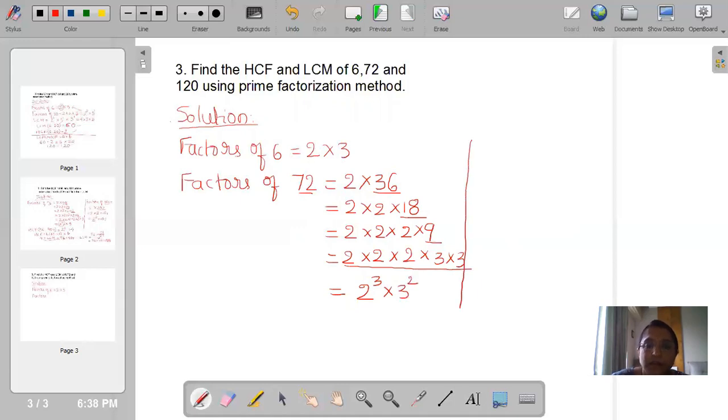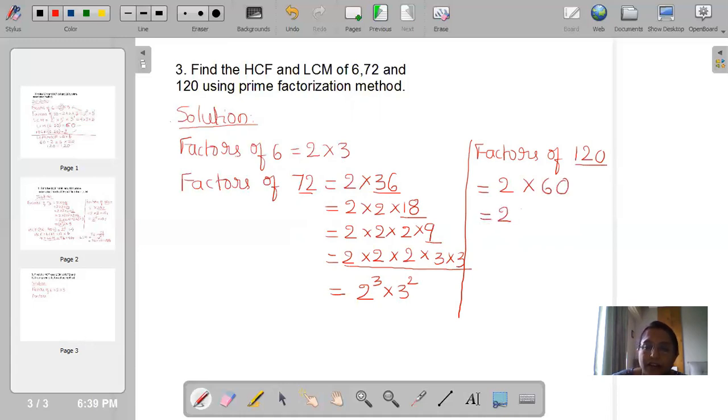Right? Similarly, we'll find out factors of 120 is equal to 2 into 60.